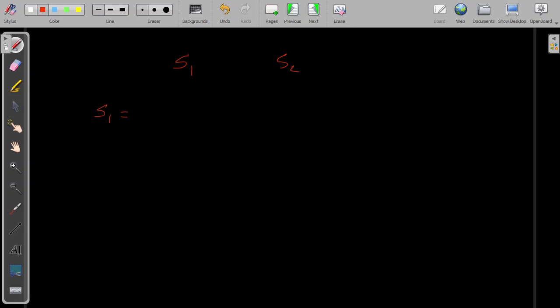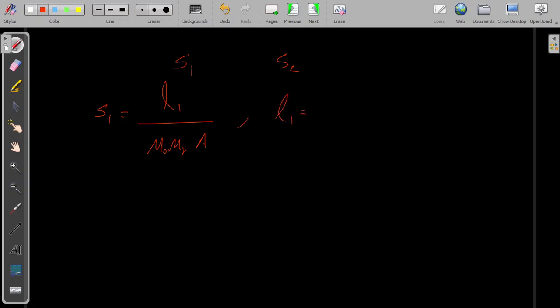S1 will be equal to L divided by mu 0 mu r A, applying the formula. S1 is the reluctance offered by the iron, so L will be the length of the iron core, that is L1.